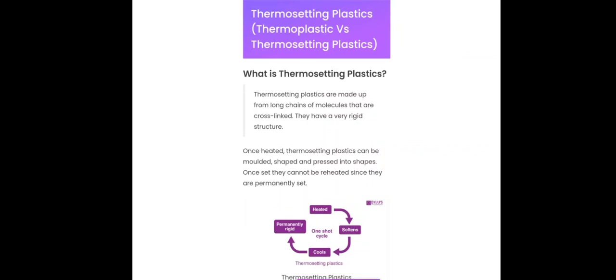Good morning, students. Today, I'd like to discuss the topic of plastics and types of plastics. Plastics are important polymeric substances which undergo deformation on applying high pressure and high temperature.